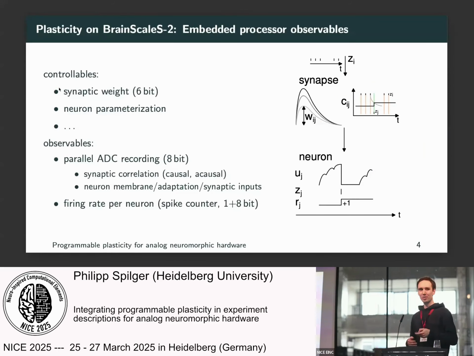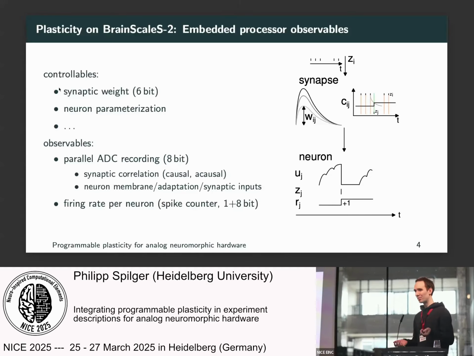So when we want to formulate plasticity rules, one thing we need to look at is what can we actually control, or what can we look at from the processor which will implement the plasticity in the end. There are multiple parts which can be done, especially for BrainScaleS-2, but might also be applicable to other similar hardware systems.